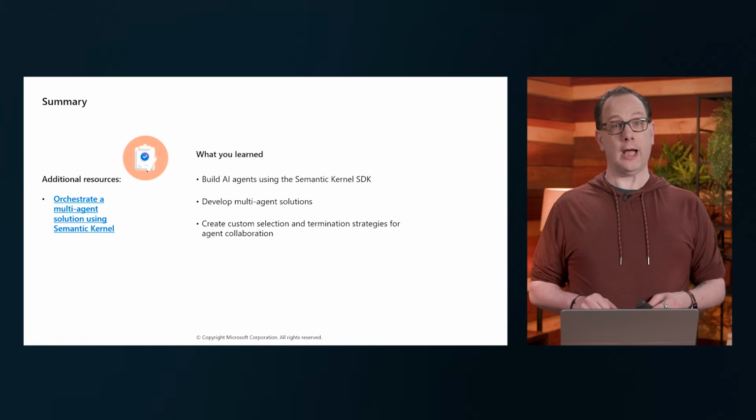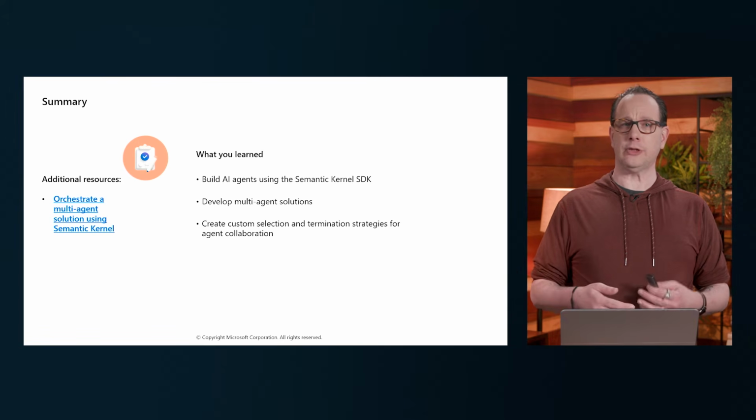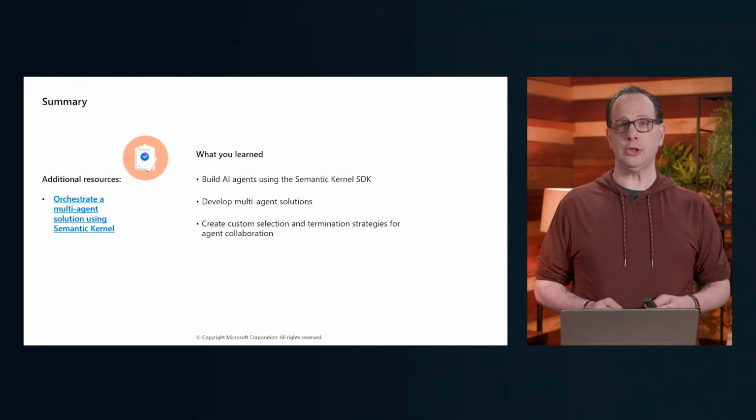You also learned how selection and termination strategies provide efficiency and goal completion in agent-driven workflows. By applying these concepts and skills, you can leverage the Semantic Kernel Agent Framework to create dynamic, adaptable AI solutions that truly enhance user interactions and automate complex tasks.